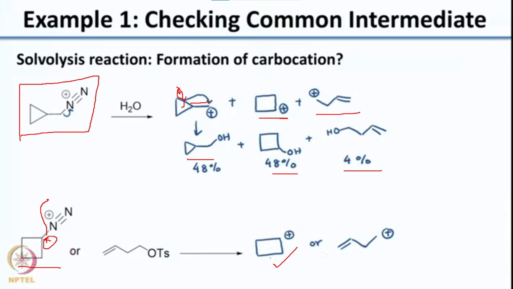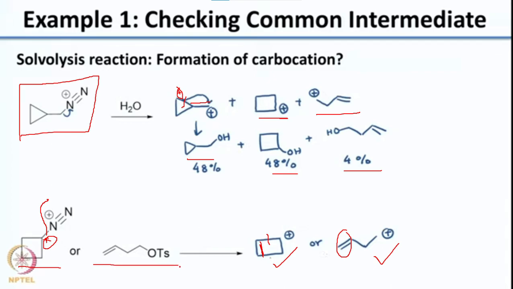The other thing is possible here. After getting this carbocation, this bond breaking will take place, right? And a double bond will be generated over here, at this position, and it will give this as an intermediate. The other third possibility is also there when we are taking a different reactant.